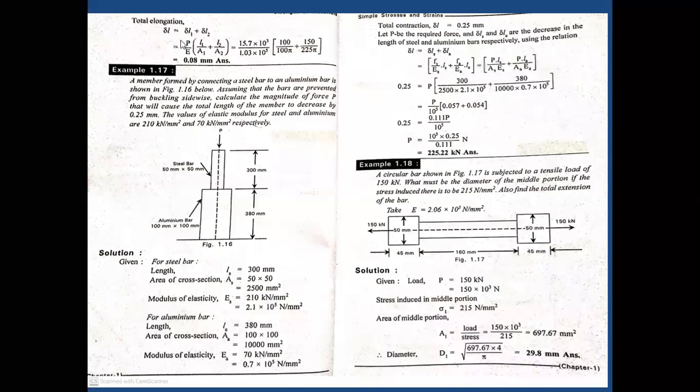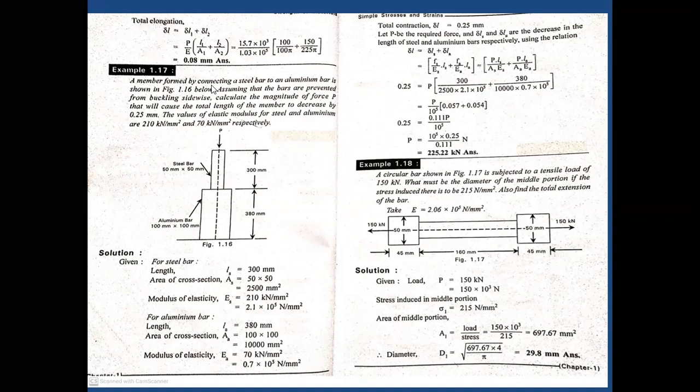And then the total elongation, we just substitute into the formula, or we can solve this problem by splitting the entire piece into two portions and going for the analysis of each portion.